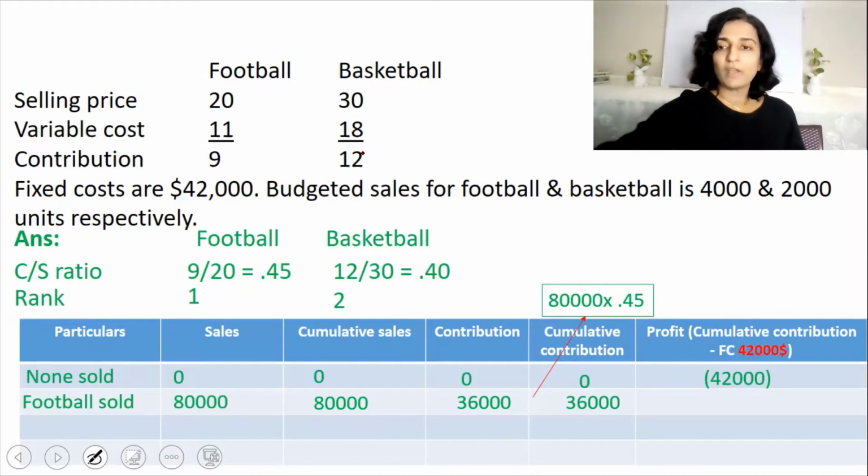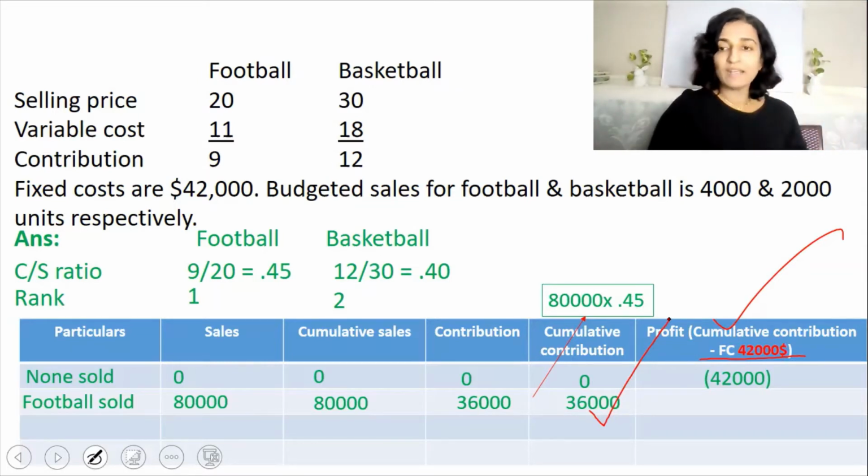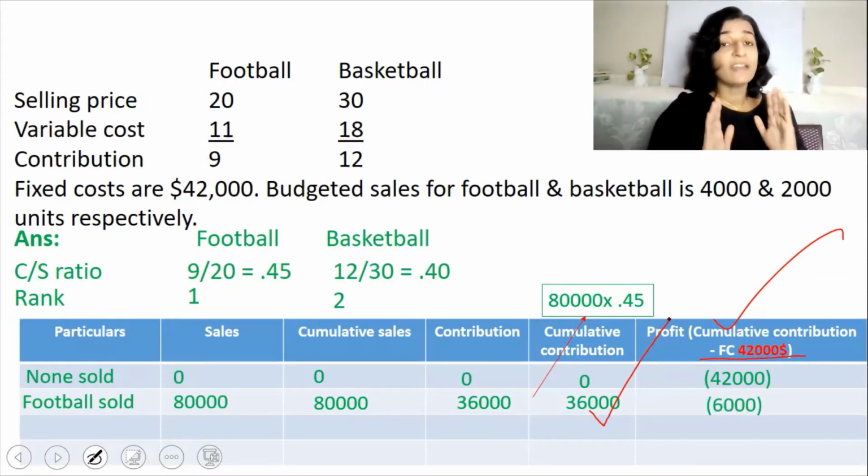And what is the profit? Profit is always cumulative contribution minus the fixed cost of 42,000. Here, we have a cumulative contribution of 36,000 and the fixed cost is 42,000. So the profit is 36,000 minus 42,000 or negative 6,000. So we are still having a loss, which means that even now we have not reached the break-even point.